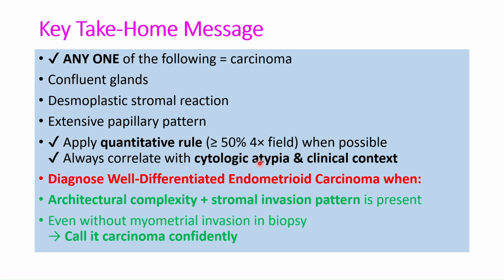Always correlate with cytologic atypia and clinical context. Diagnose well-differentiated endometrioid carcinoma when architectural complexity and stromal invasion pattern are present, and even without myometrial invasion in biopsy, call it carcinoma confidently.